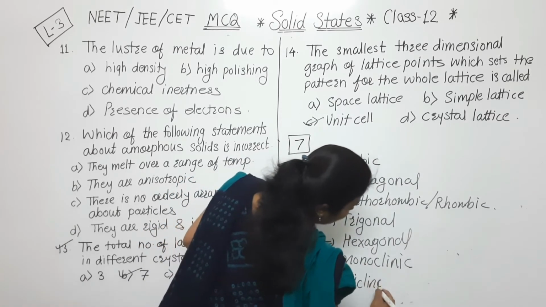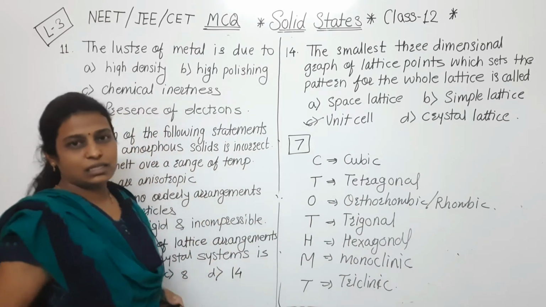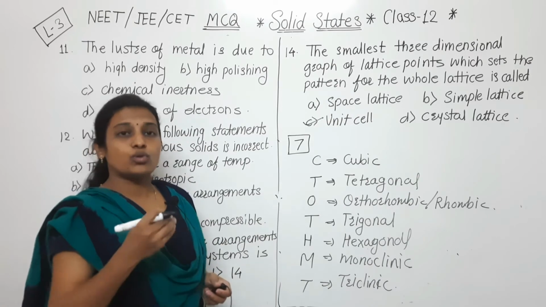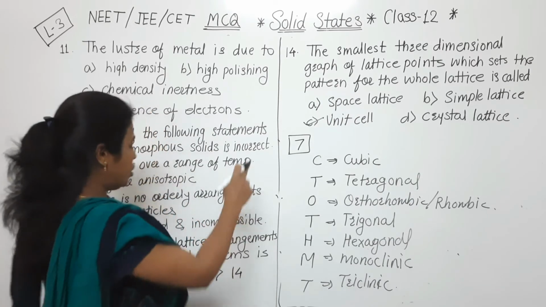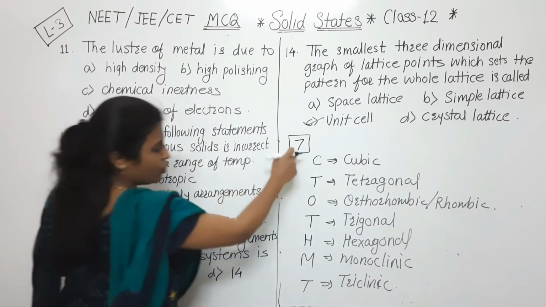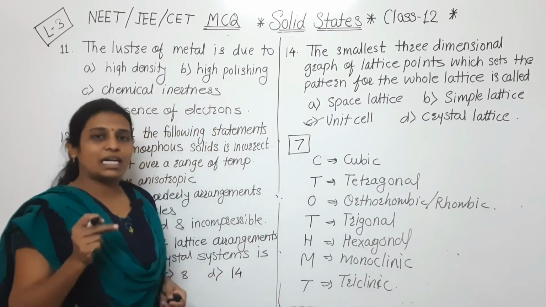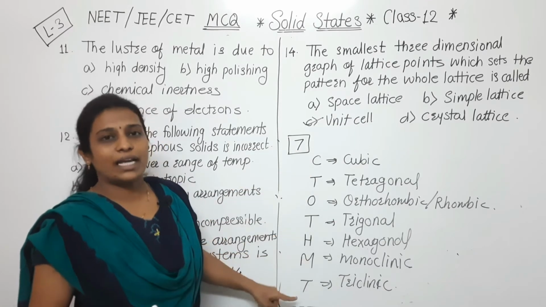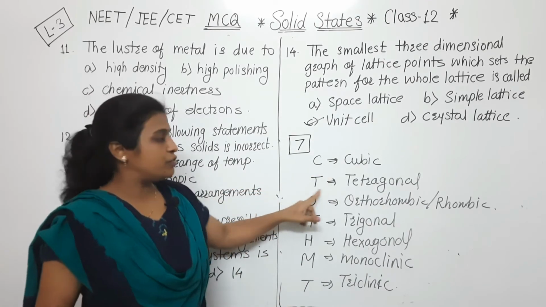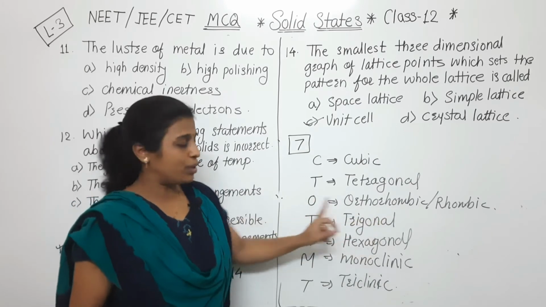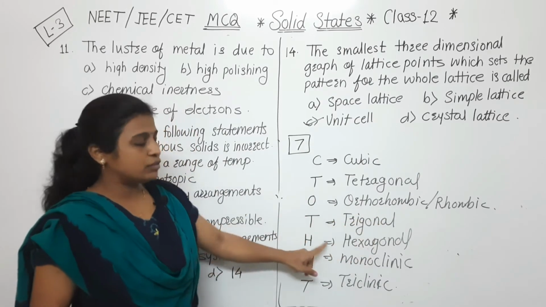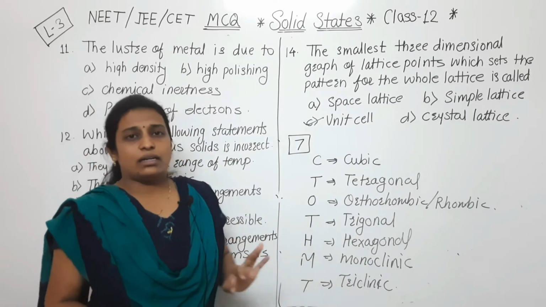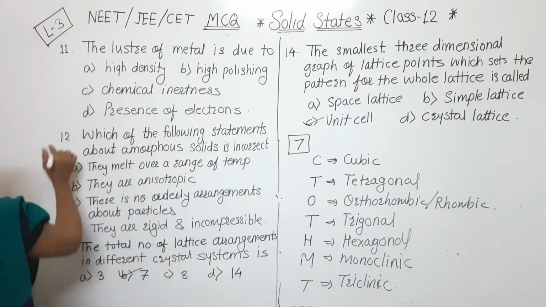So these are the 7 crystal systems. For these 7, Bravais has introduced a total of 14 arrangements. So here we have completed this one with the simple trick to remember the 7 crystal systems. What is that trick? CTOTHMT: C for the cubic, T for the tetragonal, O for the orthorhombic, T for the trigonal, H for the hexagonal, M for the monoclinic, and last one T for the triclinic.